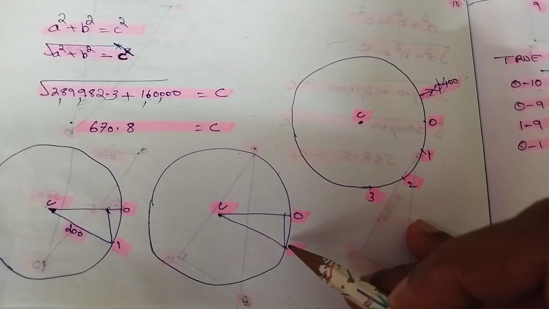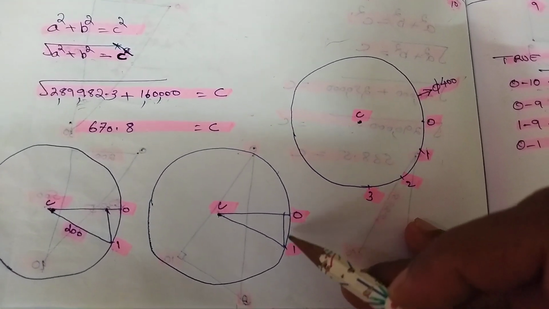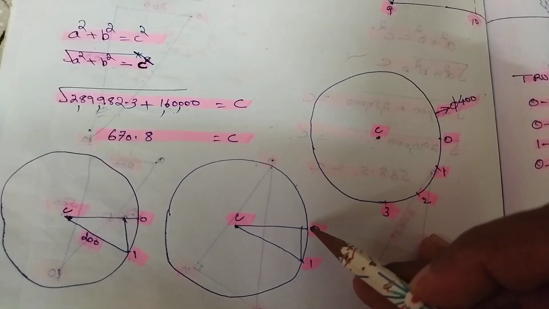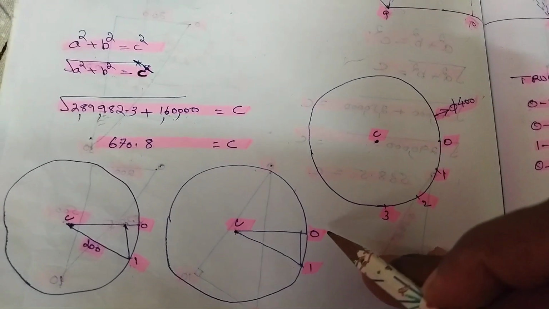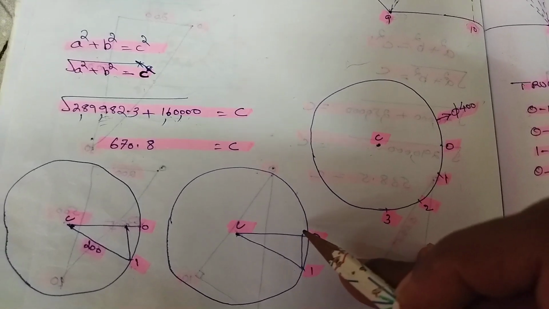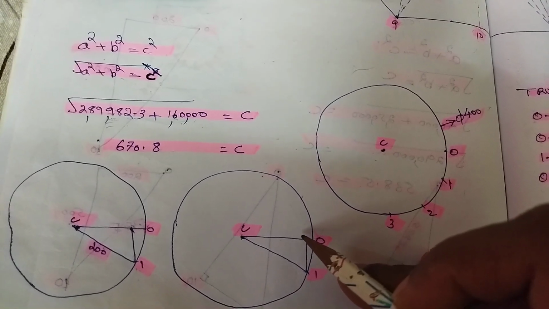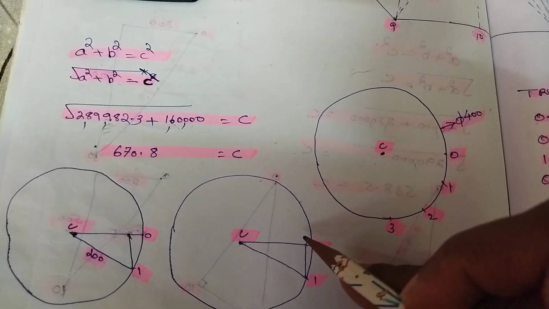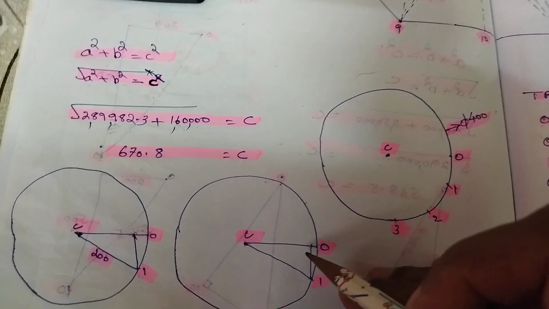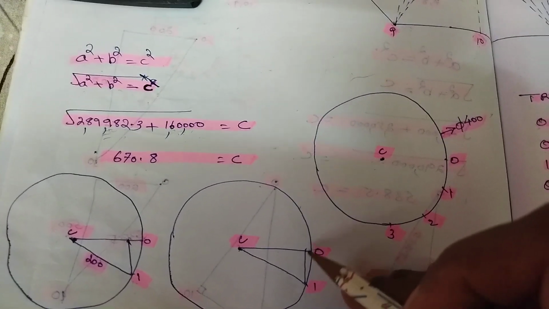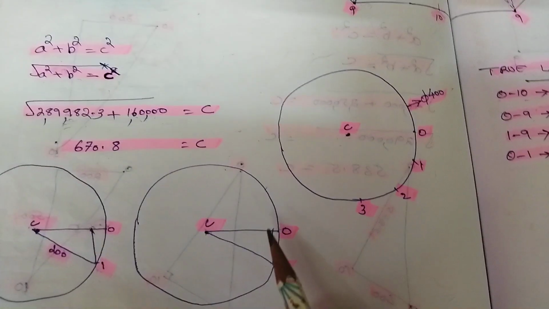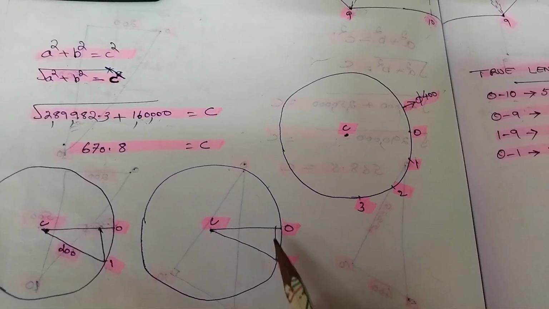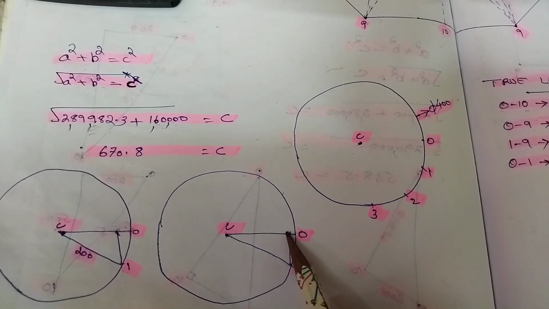From this one, a line has been drawn up, which reaches the C to 0 line vertically at 90 degree. So remember about the triangle C1 and it reaches in this corner.